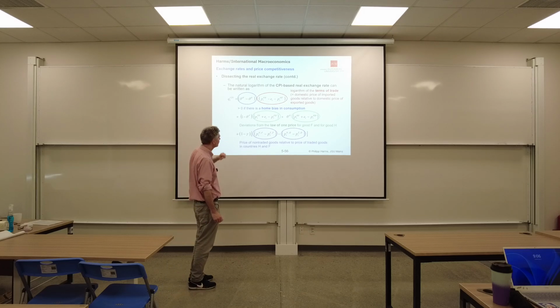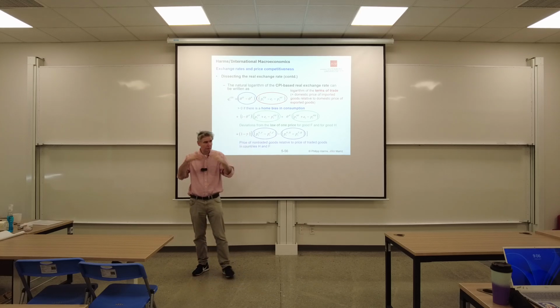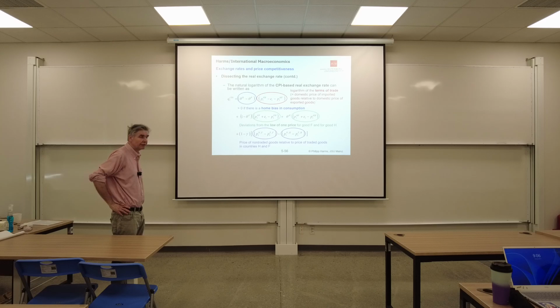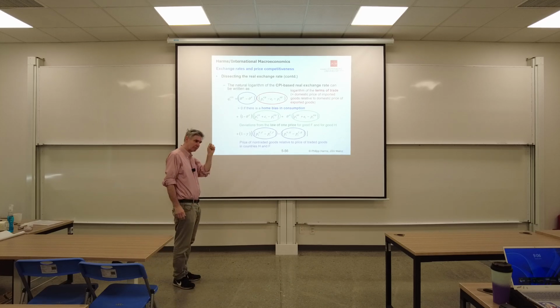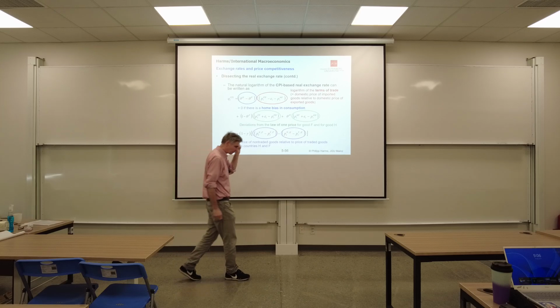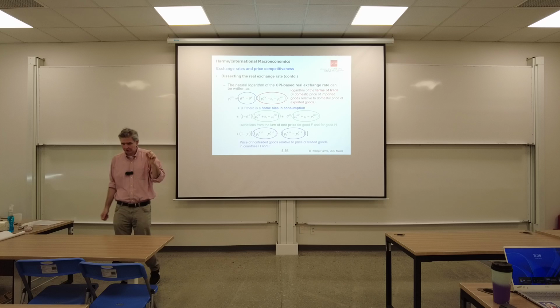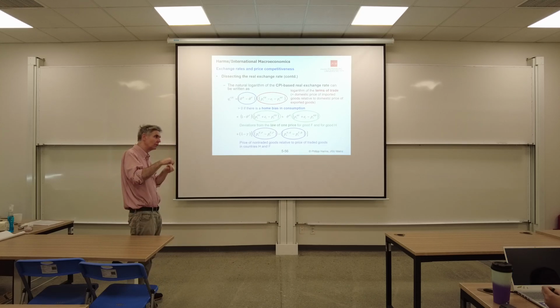Now, these variations in the terms of trade, and please remember, the terms of trade is a relative price of the two different goods. These variations in the terms of trade, they affect the real exchange rate if we have different consumption baskets. If the consumption baskets are the same, so if theta H equals theta F, please remember theta H is the weight of the H country product in country H's goods basket, and theta F is the weight of the same good in the foreign country goods basket.